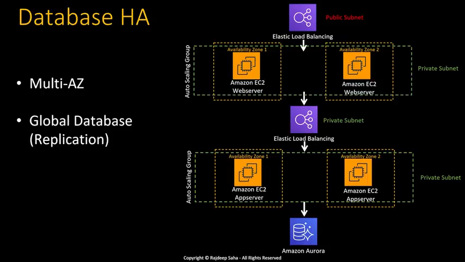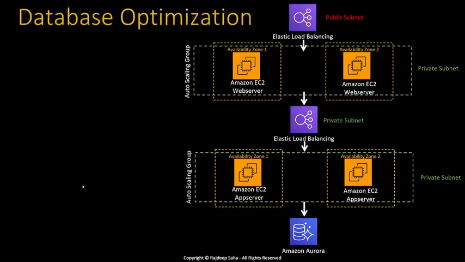So this multi-AZ feature is within a single region. But if you want resiliency beyond a single region, you can use the global database feature, which replicates your database into another region. Keep in mind, these 2 features are true for DynamoDB as well, which is AWS's flagship NoSQL database.